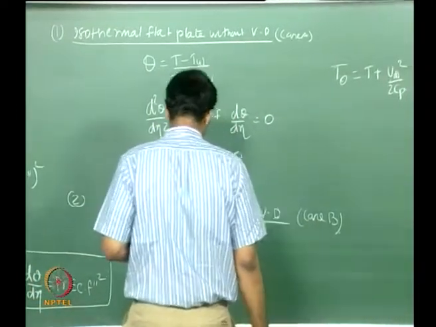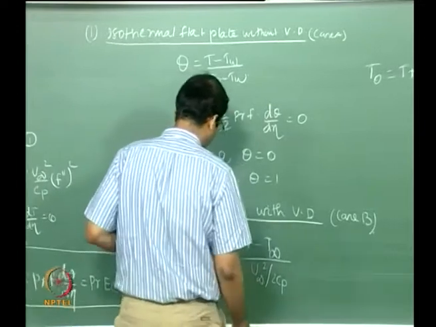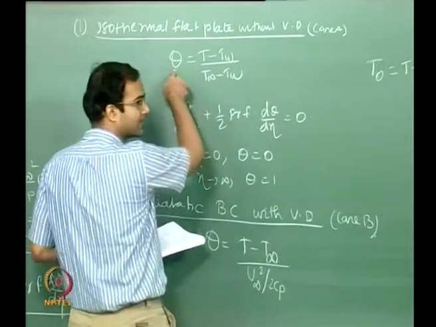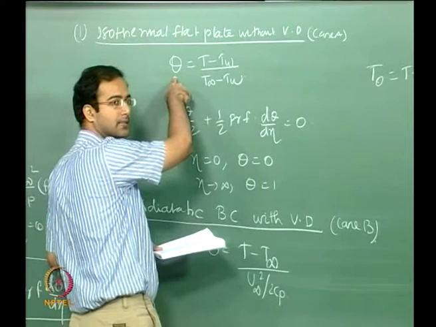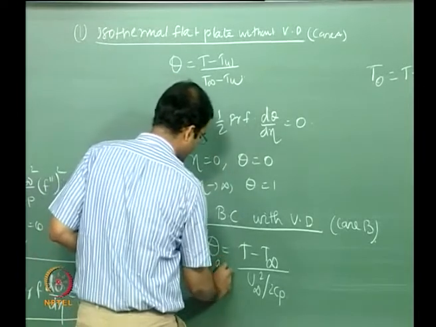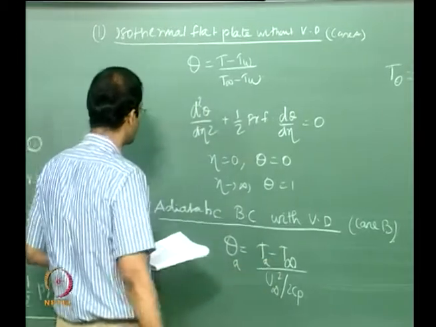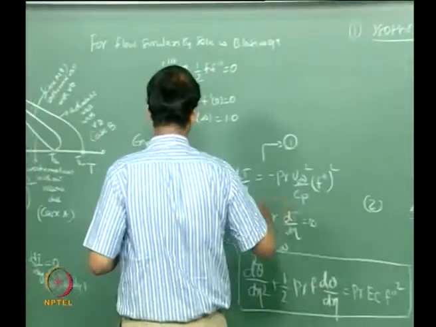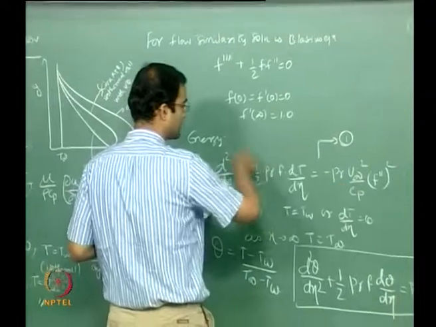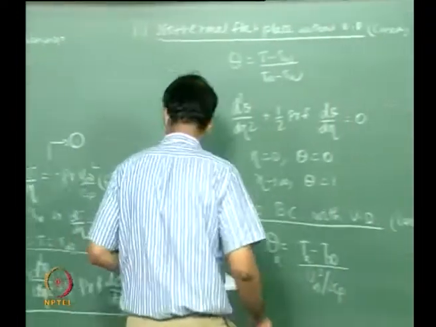And of course I am going to define theta which is different from the isothermal theta, so I am going to use the notation A for the adiabatic boundary condition. Now I am going to substitute for T A into this and write in terms of theta.